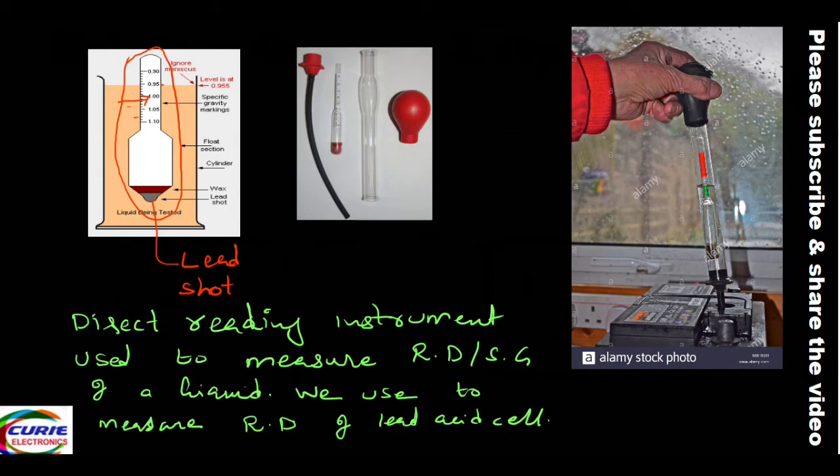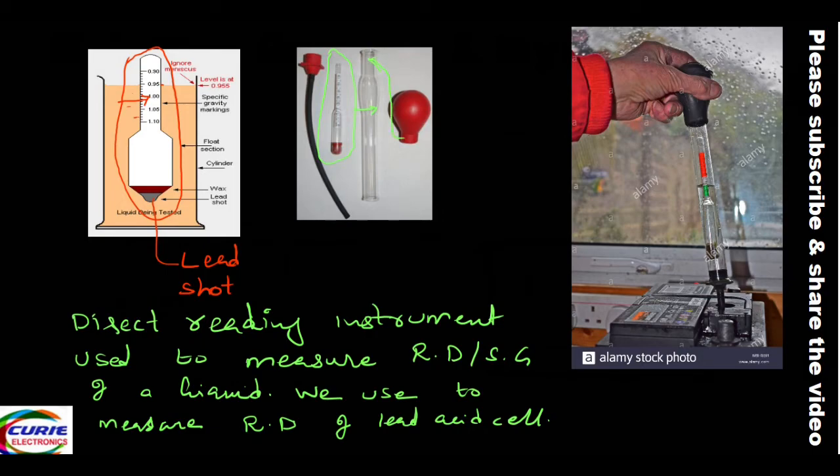Now to measure, this is the hydrometer. To make it convenient equipment, this hydrometer is placed inside this slightly bigger glass tube, and one end of the glass tube is connected to this bulb.